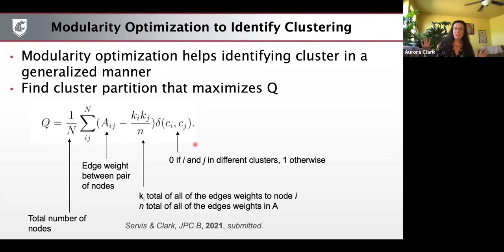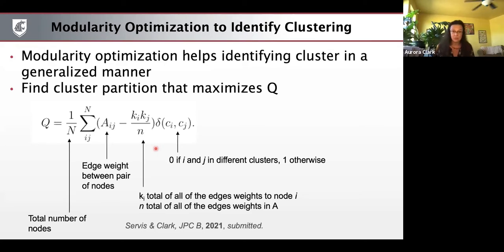If you take a step back, by maximizing Q, this equation is saying, how can I partition this system into different clusters so that the internal connectivity of the nodes in the cluster is maximized and the external connectivity between clusters is minimized.